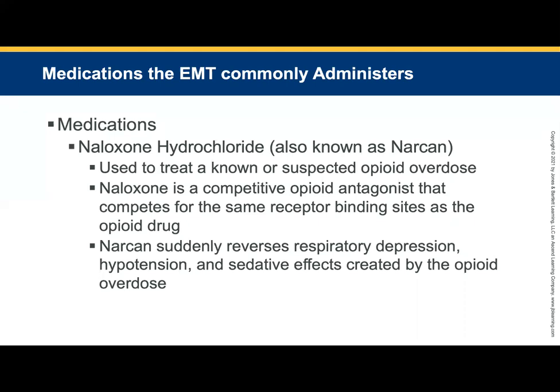Who knows? Naloxone is a competitive opioid antagonist that competes for the same receptor binding sites as the opioid drug. So what it's trying to do, I'm going to use smoke as an analogy. Smoke, when it enters the body, grabs the oxygen molecule.